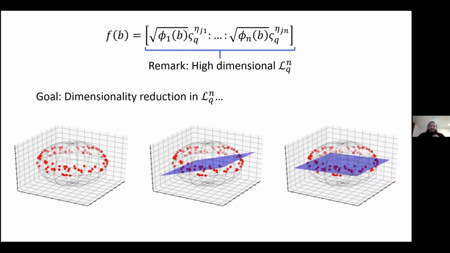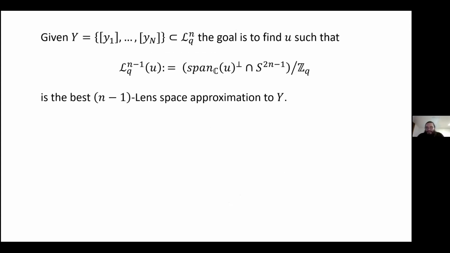So if we keep that in mind, we can rephrase the problem of dimensional reduction as finding a proper direction. Given a data set on a lens space, the question I want to answer is: how do I find an adequate direction that defines a lens space of one dimension less, such that we obtain the best possible approximation?